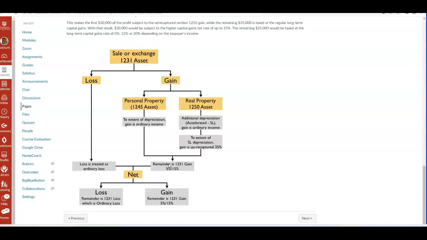Anything left over, because you have a gain, right? That gain comes from depreciation. If it comes from depreciation, these two things might happen.